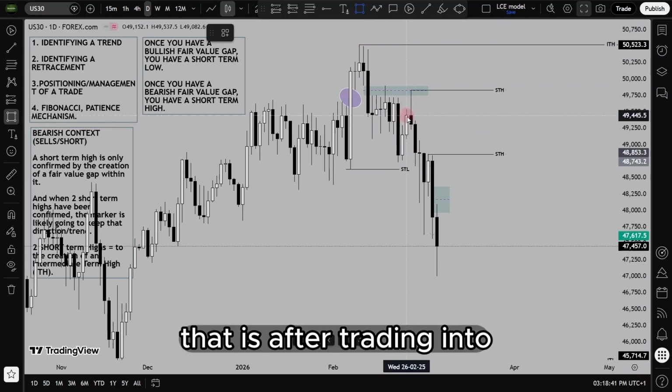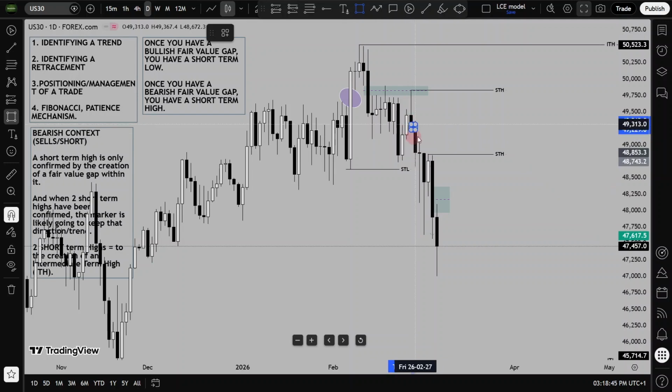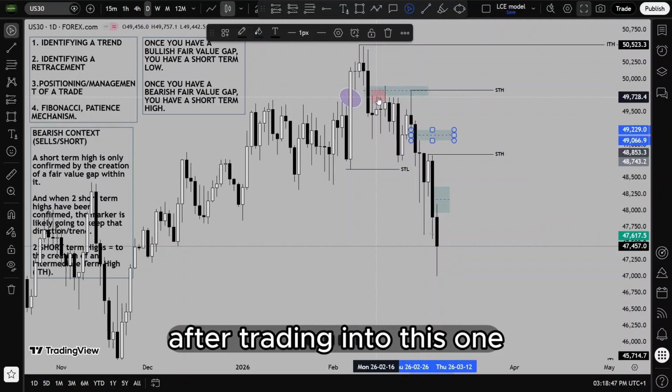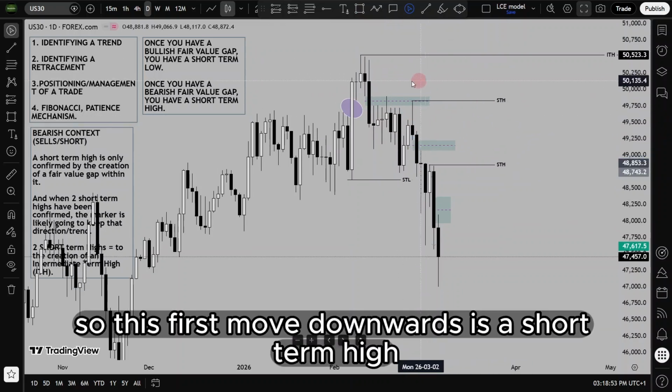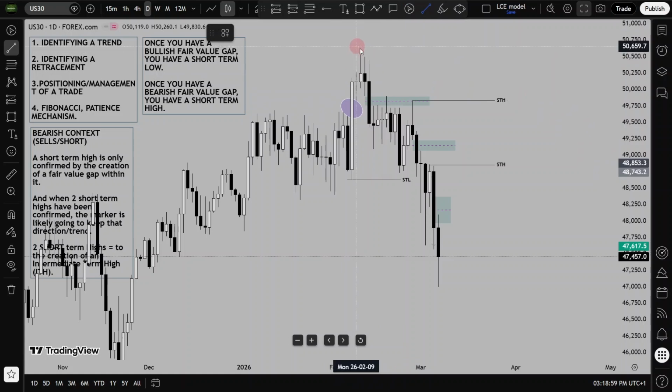That is after trading into this one. As you can see, price came into the gap once and twice, and then it created another one. So this first move downwards is a short term high.